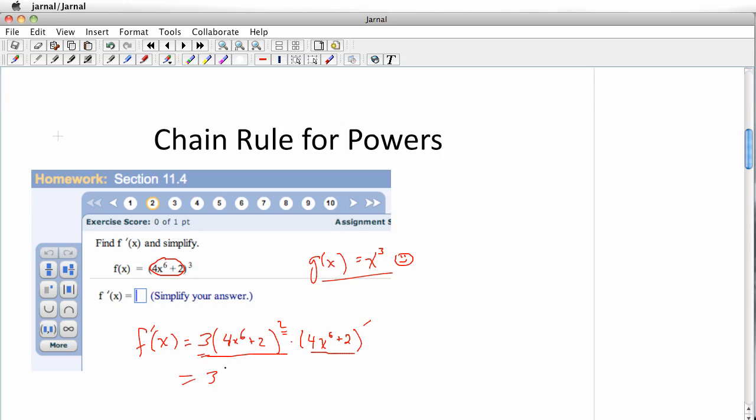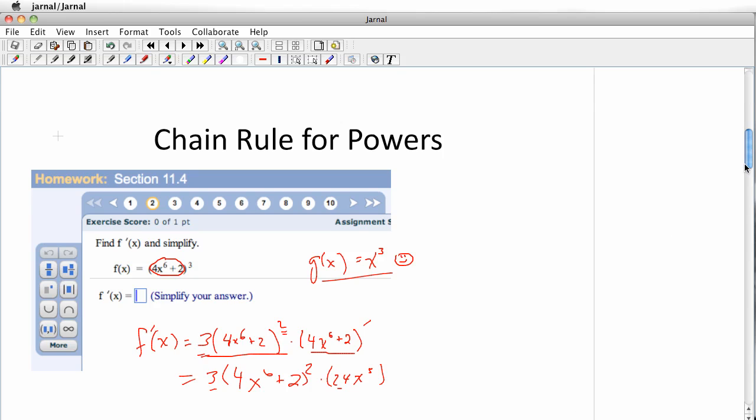So this then is 3 times (4x to the 6th plus 2) squared, and the derivative of 4x to the 6th plus 2 is just 24x to the 5th. And so I can simplify it just a tiny bit because I could multiply the 24 and the 3 together, and that'd be 72, and then I can enter that into the computer.